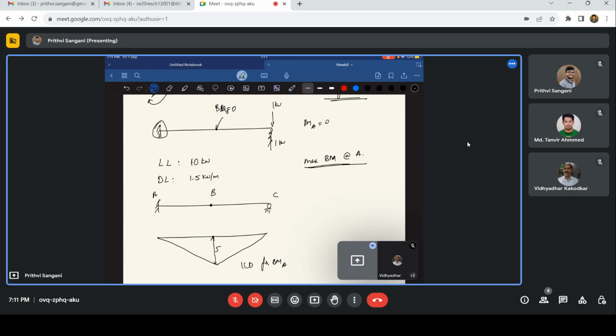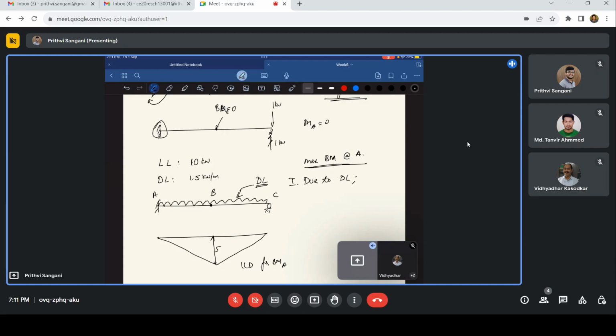So you just apply the UDL. This is nothing but the dead load, which is constant, right? So the dead load doesn't move. So the maximum bending moment at A will have the first component due to dead load. Let us write it as component one.